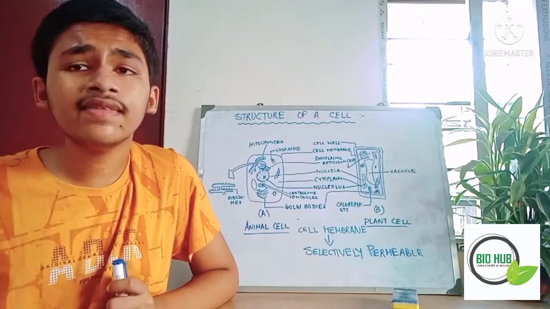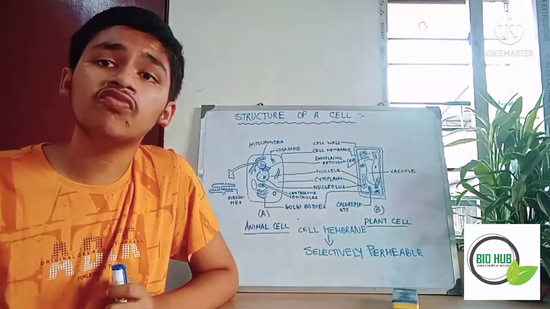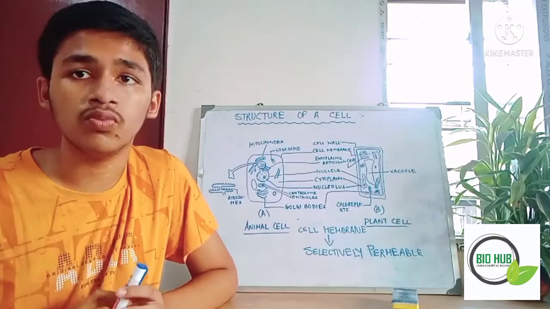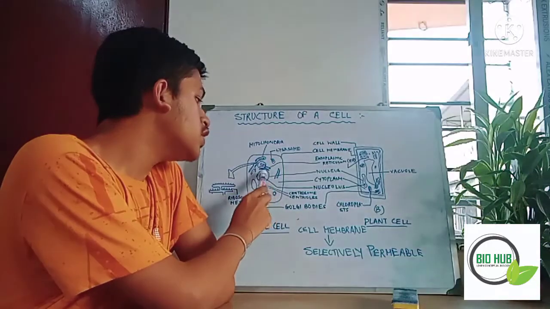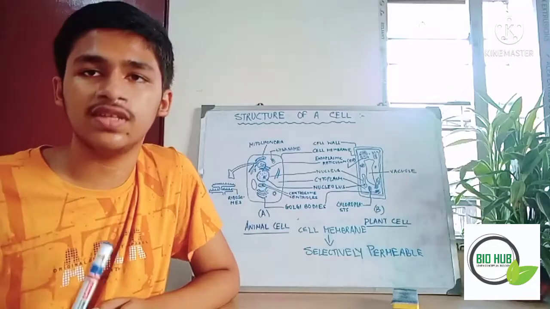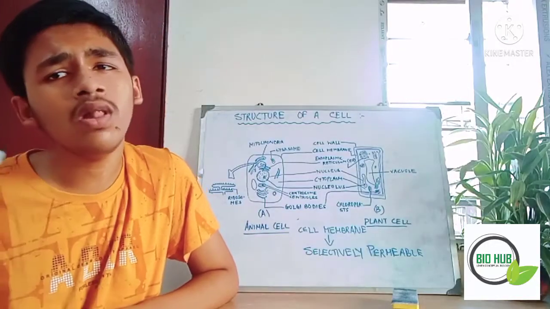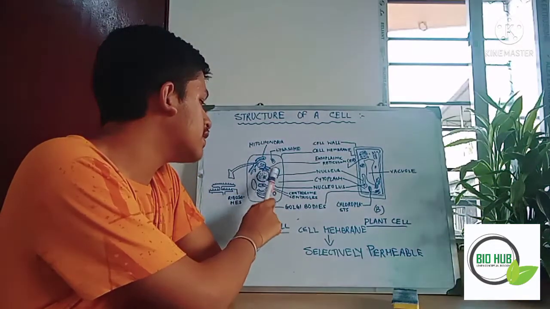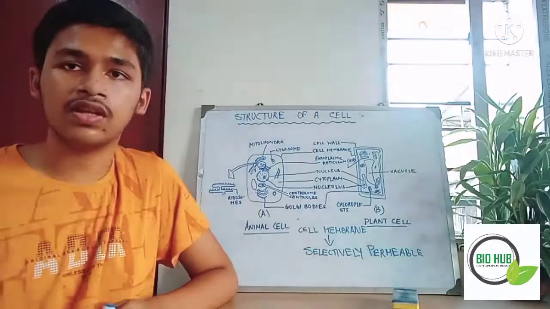There, everything done in that manufacturing unit is controlled by that room. Here, this nucleus is the control room of the cell because it controls all the activities of the cell. Whatever activities are done in the cell are controlled by the nucleus.